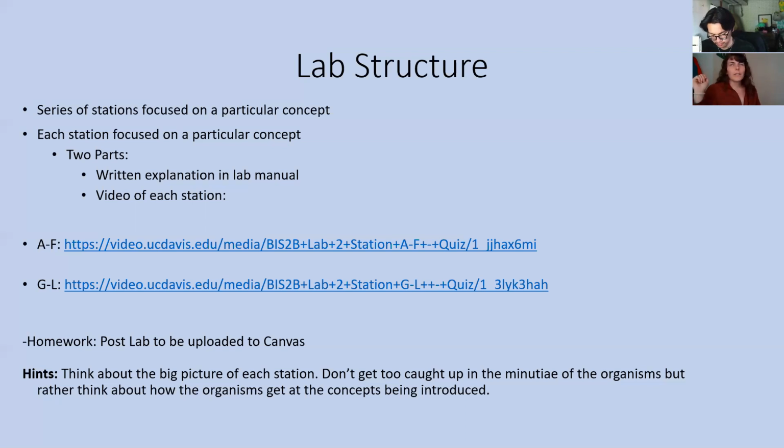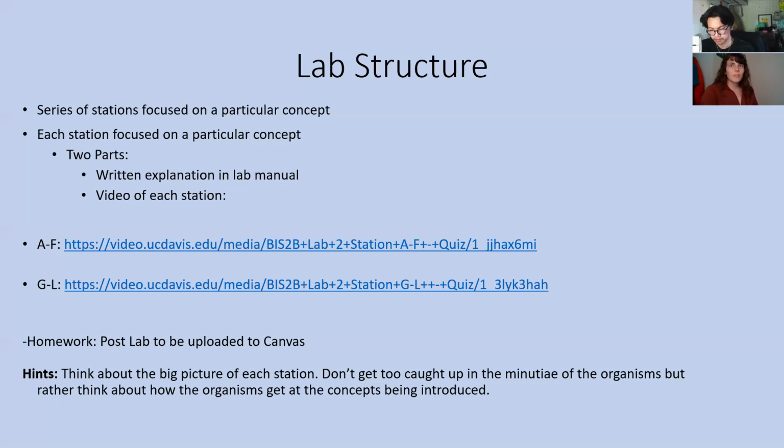And then as you're going through these, something that's important is to think about the big picture of each station. You don't need to get too caught up in the minutia of the organism, like specific parts of each organism, but rather how the organisms relate to the concepts we're being introduced, how each organism is acquiring resources, and what the overarching theme of that station is.